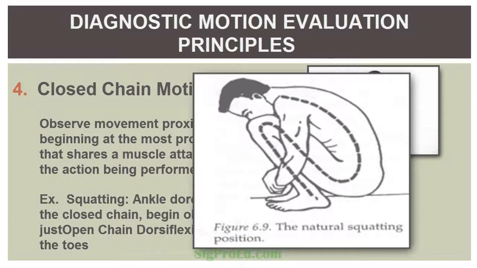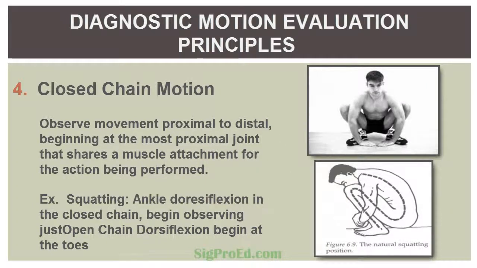Versus the picture on the right, where this individual has no difficulty coming down into a full squat. He has beautiful dorsiflexion at the foot and ankle, allowing him to come down into a full squat without compensation. Now, looking at this, we don't know whether this is a structural or a non-structural dysfunction because we need to look at passive range of motion. These are both in the pictures active, as most of the pictures have been.